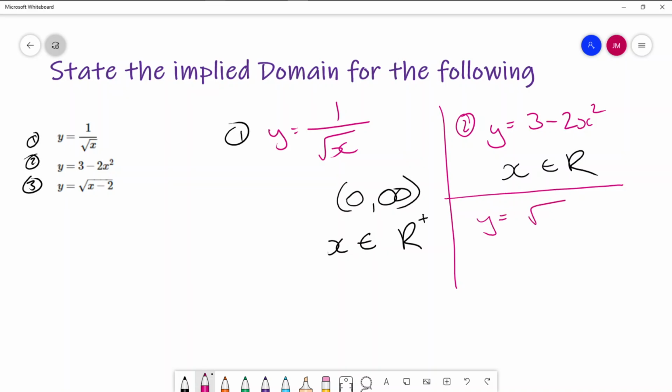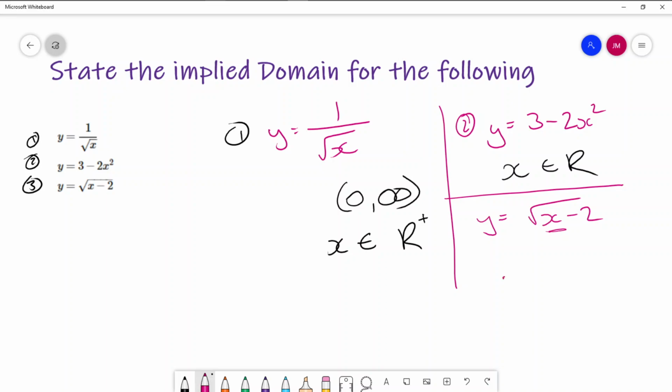y equals the square root of x minus 2. So we know that x minus 2 can equal 0. The square root of 0 is 0, that's fine. So the point is (2, 0). But if x is 0, inside the root sign is going to be negative 2, isn't it? So inside the root sign can't be negative.